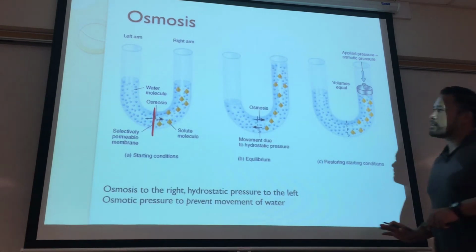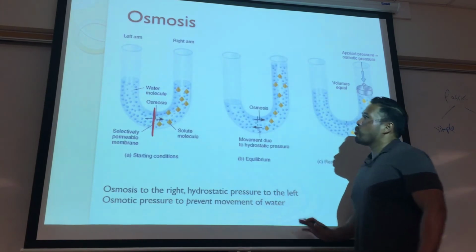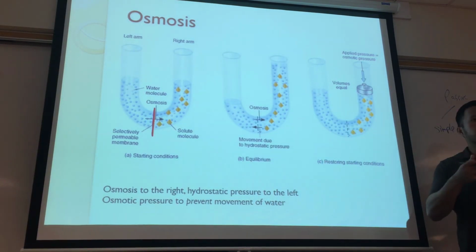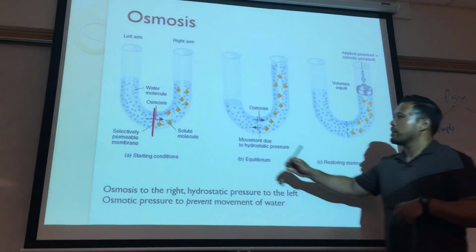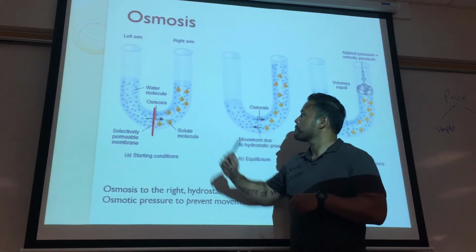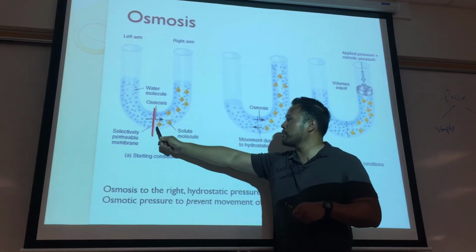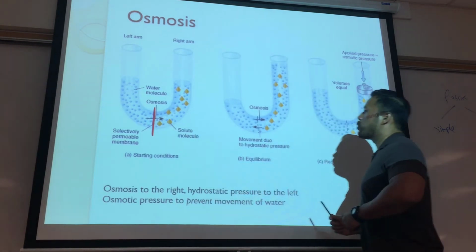When we look at this, we want to understand which direction, what pressures are involved to get our water molecules to move from one side to another. So when we look at the starting conditions, like I said, water levels are equal on both sides, with a selectively permeable membrane that only allows water to move.